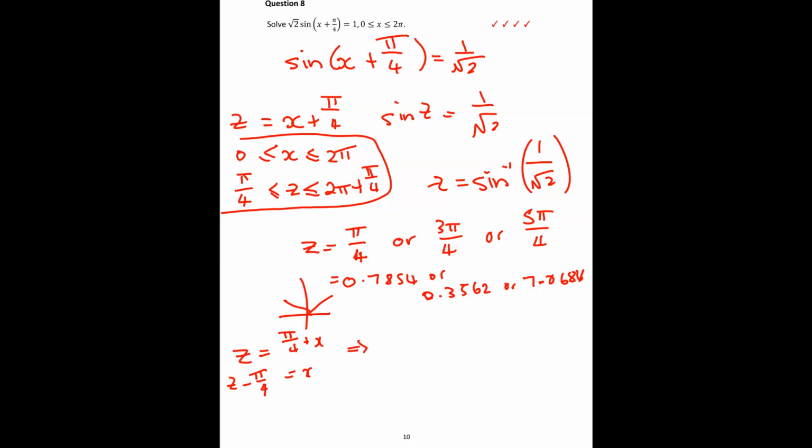So then each of those has to be minus pi by 4, and you can see why I did it in pi's, because then x is just going to equal, the first one would be just 0, the next one would be pi by 2, and the next one would be, well, it would be 2 pi, but 2 pi is just right on the edge.